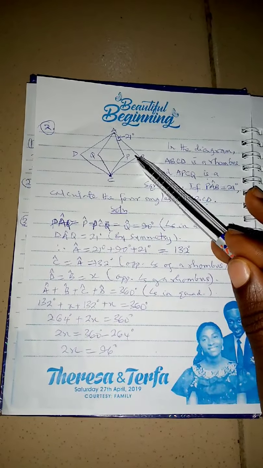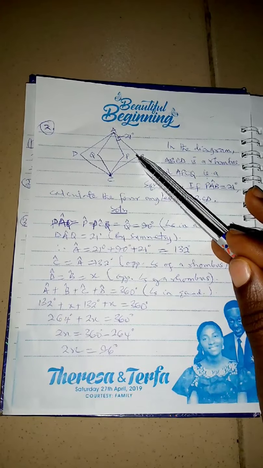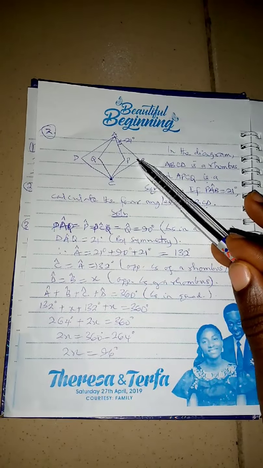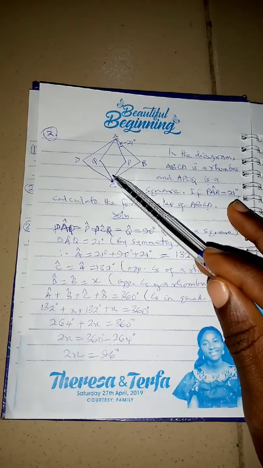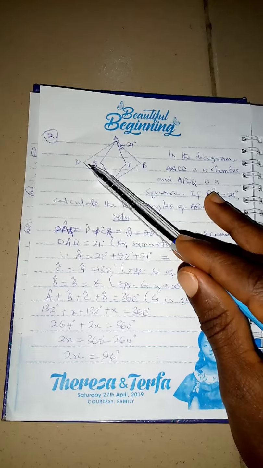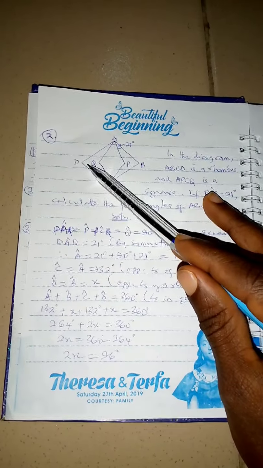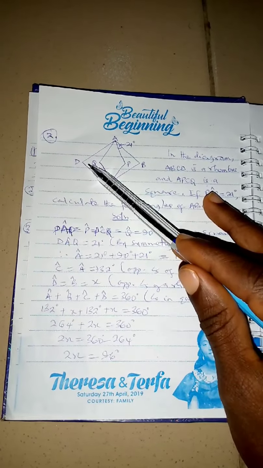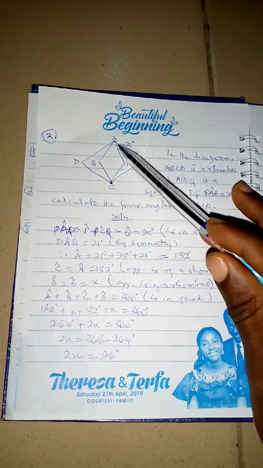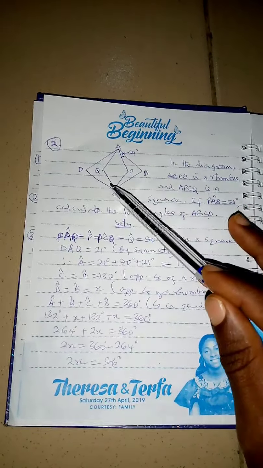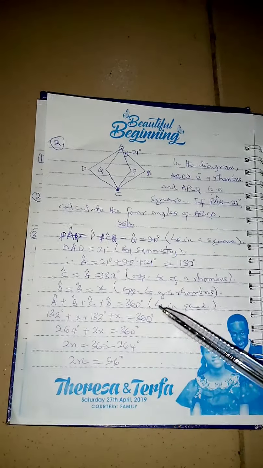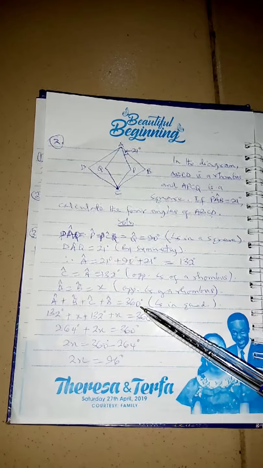Call it X. Then from your knowledge of polygons, when you add the four angles in a quadrilateral, it will give you 360 degrees. When you use your formula 4 minus 2, which is 2, times 180 degrees, it will give you 360 degrees. So angle A plus angle B plus angle C plus angle D will give us 360 degrees.